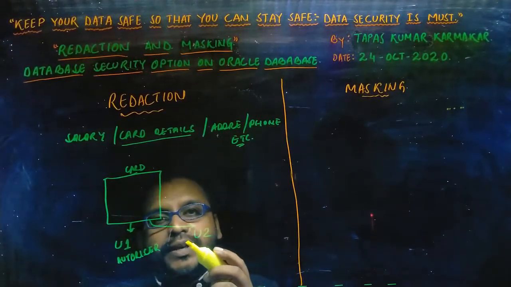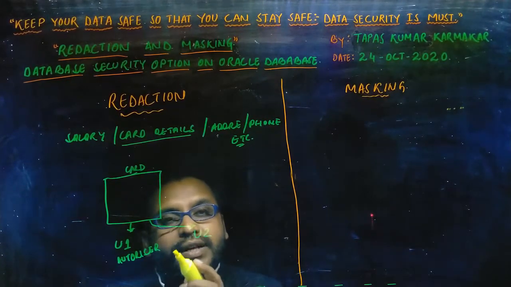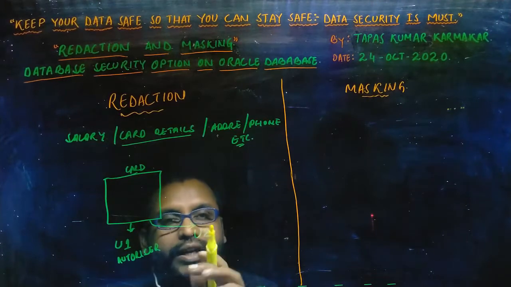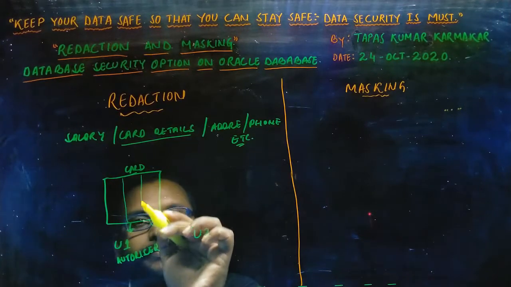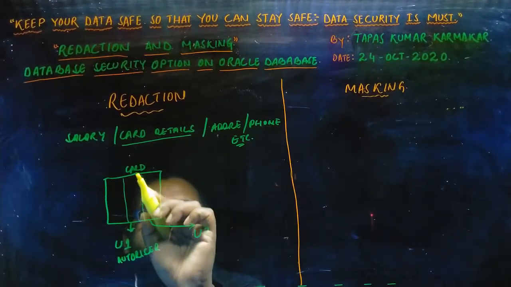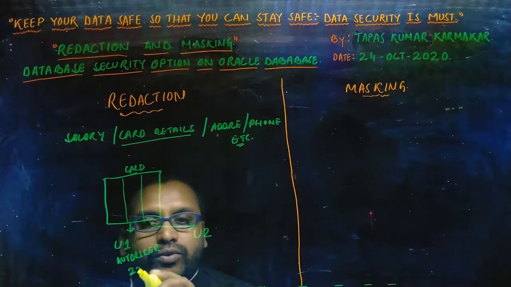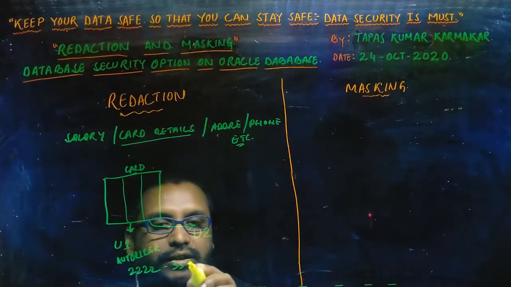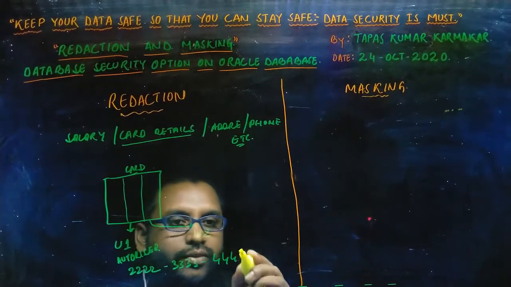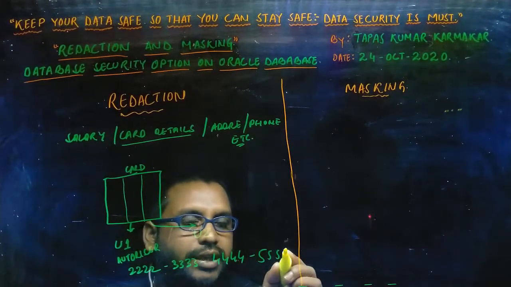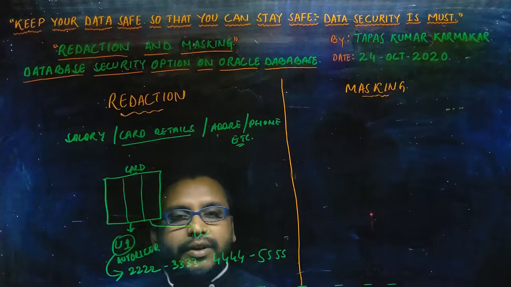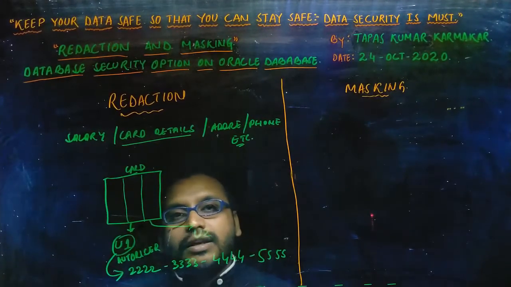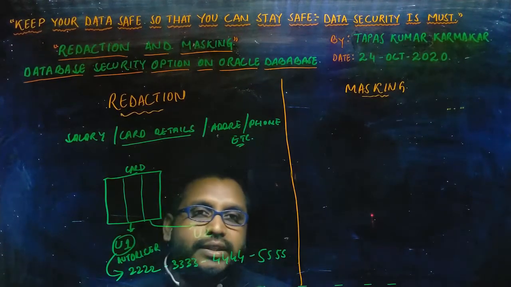In this respect, redaction will help you redact the data present in the database in different ways for different users. If you implement redaction in a database, say the card details are present like this: 2222 3333 4444. Say this is a card detail present in the database. Now U1 will see the exact data present in the database, but U2 is not an authorized user, and he shouldn't see the full data present in the table.